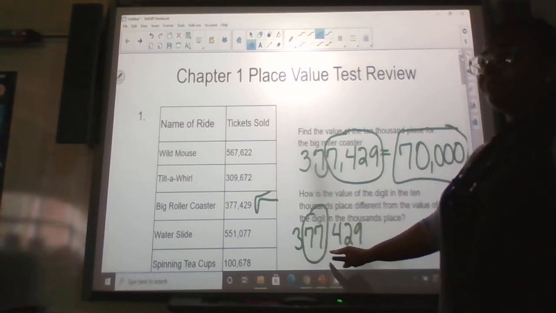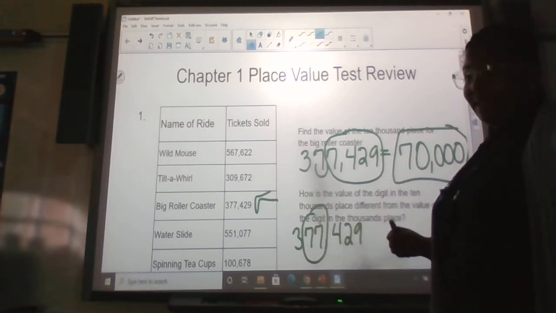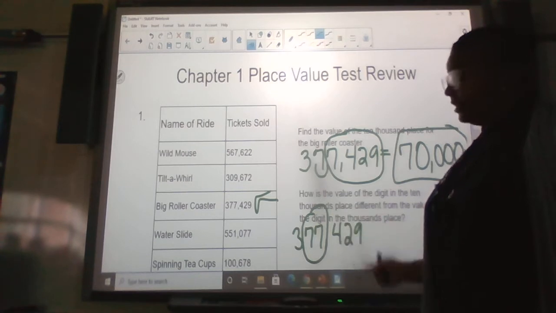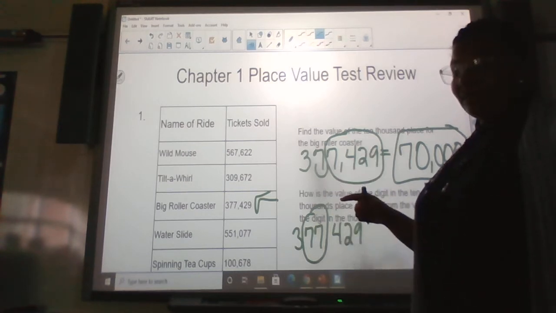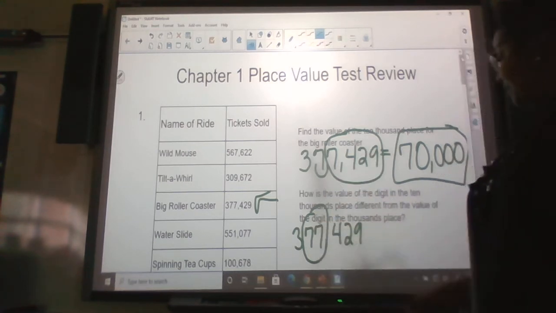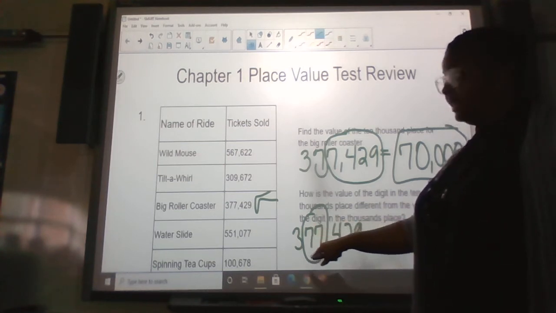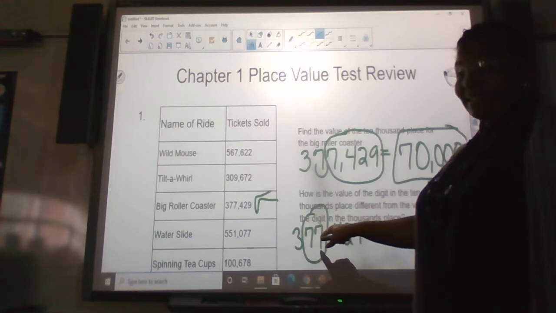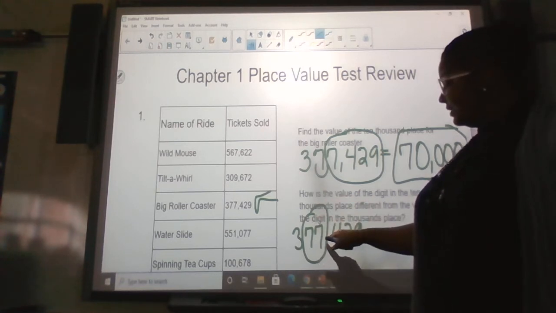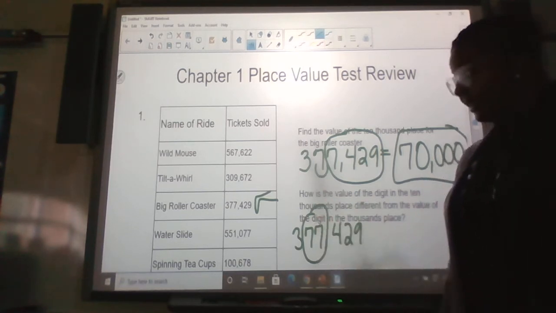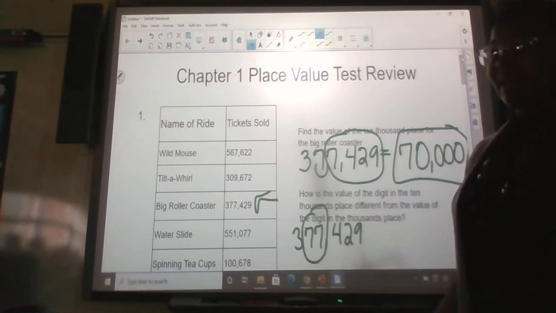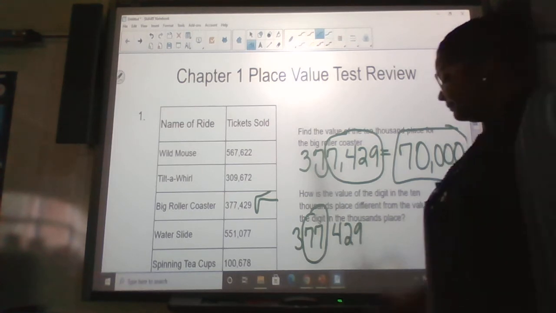Back in the first lesson, we found that each place value increases by 10. So they're different because the 7 in the 10,000s place is 10 times greater than the 7 in the thousands place. And that, boys and girls, is how they are different.